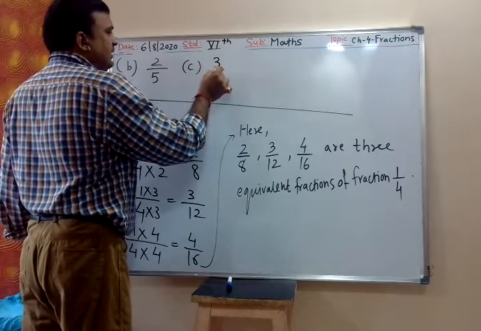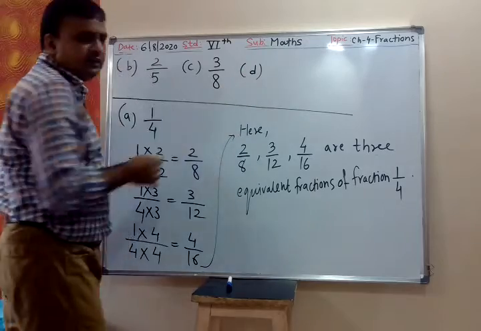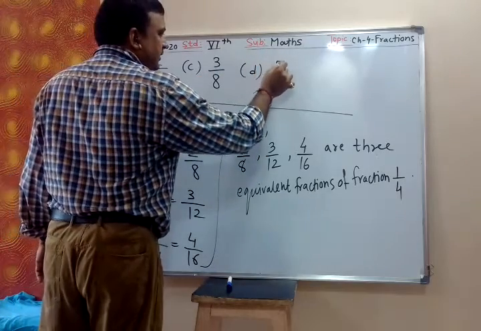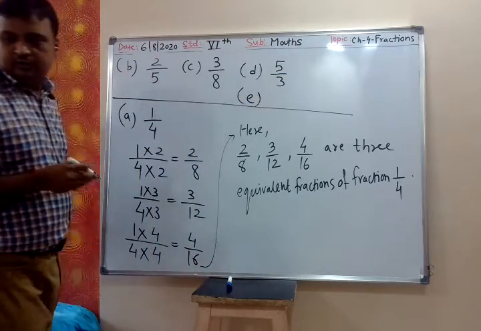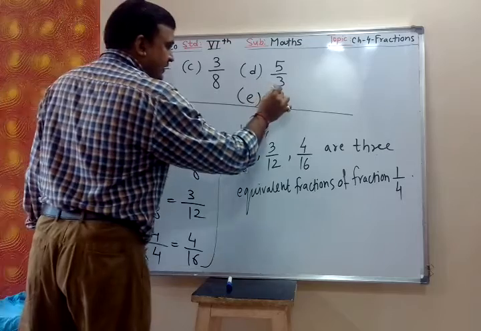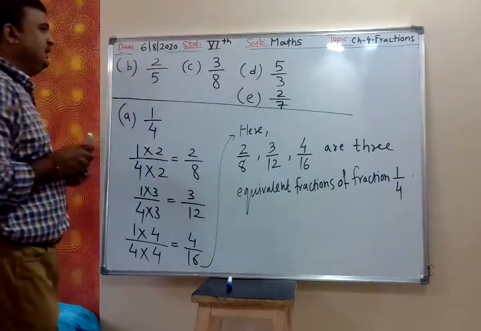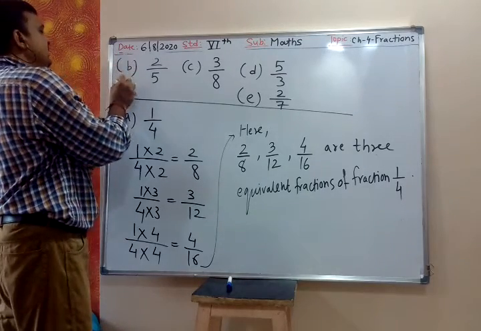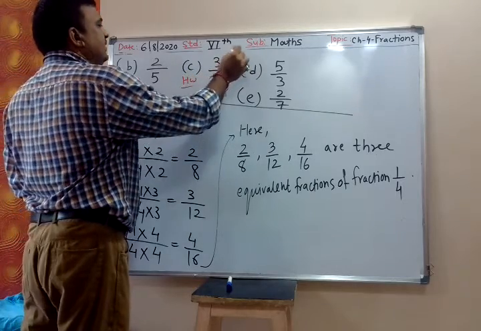C is 3 by 8. D is 5 by 3. And E is 2 by 7. So B, C, D, E are all homework for 3 equivalent fractions.